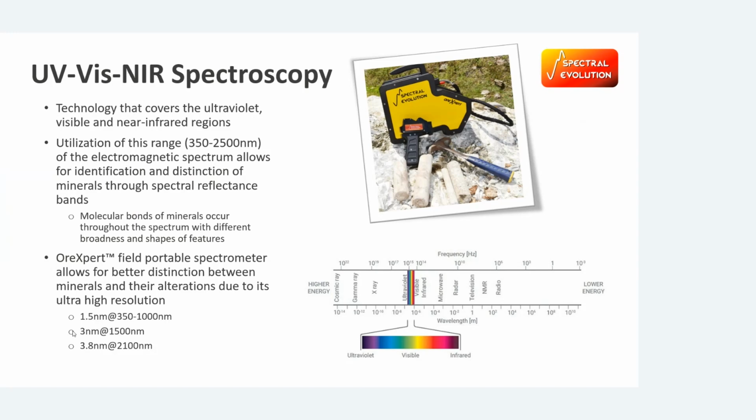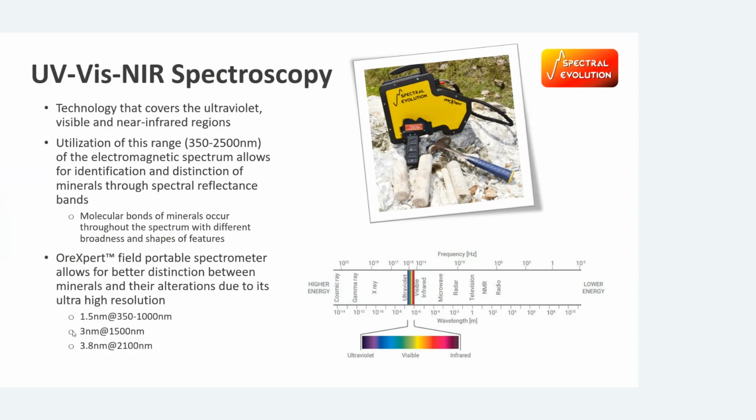So you're going to see more features in your individual absorption features. A feature that might be a singlet with an ORExpress, TerraSpec, or Halo might actually be a doublet or a triplet if we look at the data with the ORExpert.